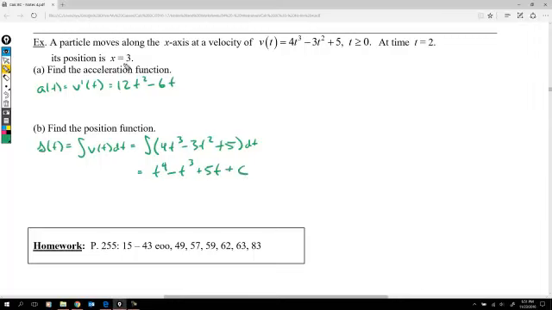Now they did give me an initial condition. They said at 2, my position is 3. So that means that s of 2 equals 3, which means I should be able to plug 2 in and solve for c. And I'll get that c is negative 15, which means that s of t is t to the fourth minus t cubed plus 5t minus 15.